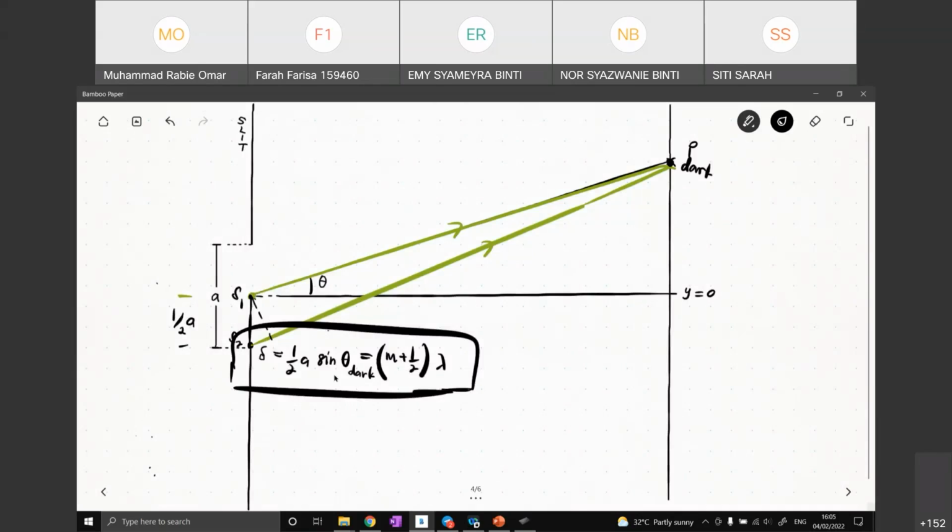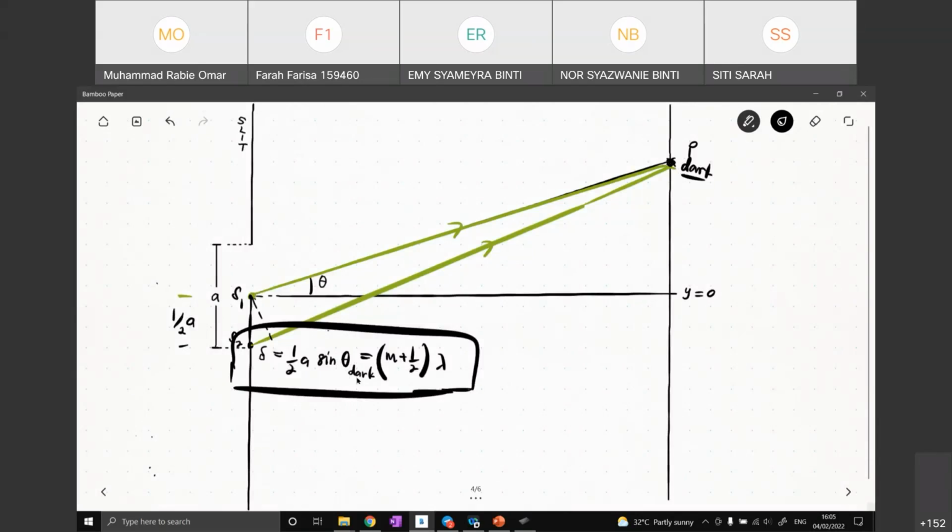Meaning to say, in order to know the position of the dark points, so you have your interference slits, let's say, assuming that this is your dark position.